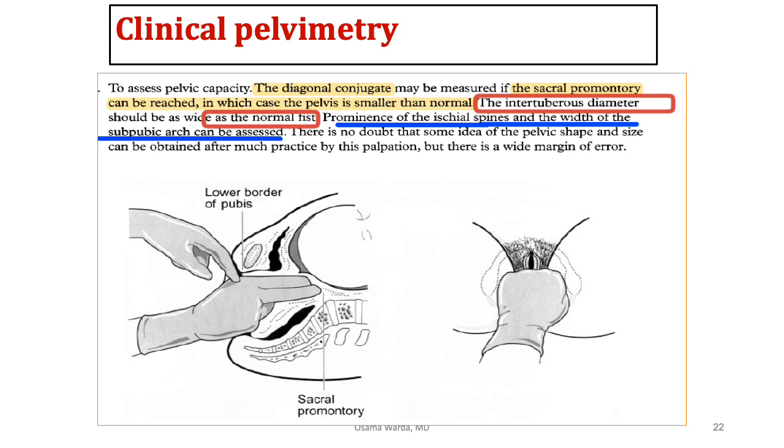The other picture shows evaluation of the pelvic outlet by putting your fist on the perineum in between the two ischial tuberosities.